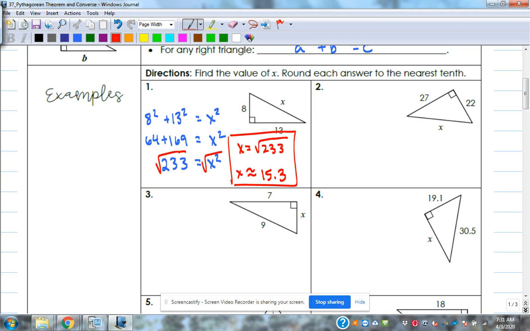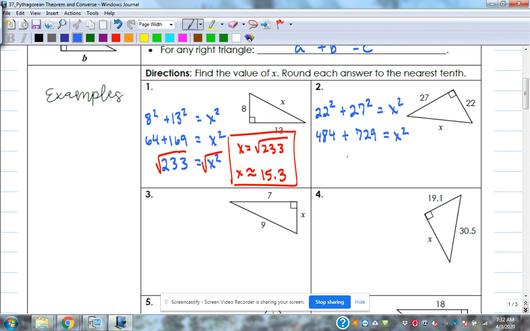All right, let's look at another one here. It's just a right triangle rotated around. We still have the legs, and we're looking for the hypotenuse. So we have 22 squared plus 27 squared, and it doesn't matter which one you put in as A and B. It's equal to X squared. 22 squared is 484. 27 squared is 729.